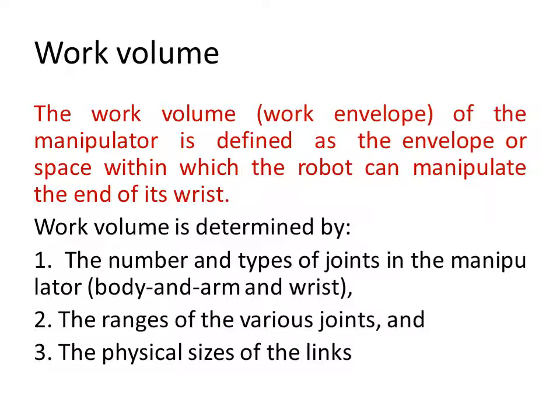Like your hand, suppose you fix yourself, right, don't move anywhere, and try to move your hand in a space and find the maximum reach of your hand or the minimum reach of your hand. So one volume, or one envelope, will be generated when you rotate your hand in any direction with varying length or varying distances.